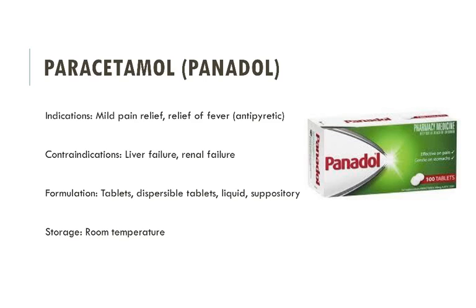Okay, so Panadol has some antipyretic properties as well, which basically means that it will reduce a fever. Okay, and the analgesic properties, so analgesic is pain relief, so it relieves mild pain.